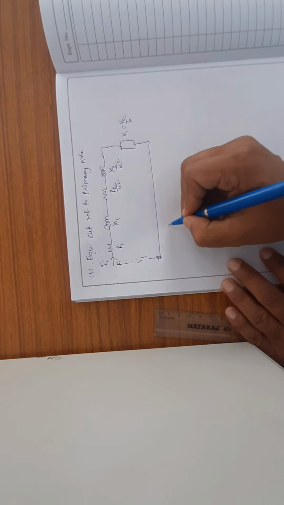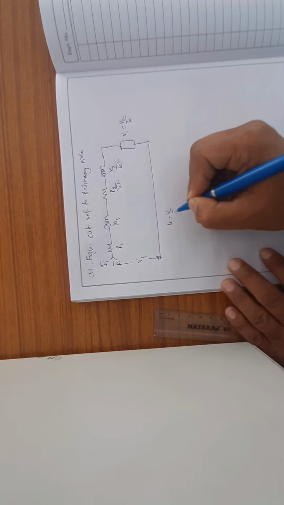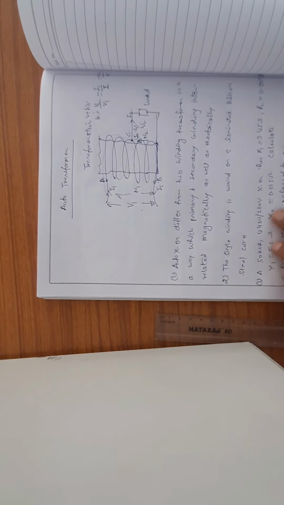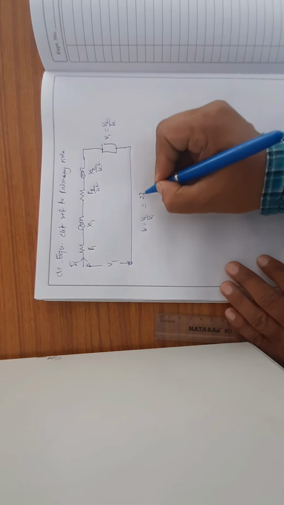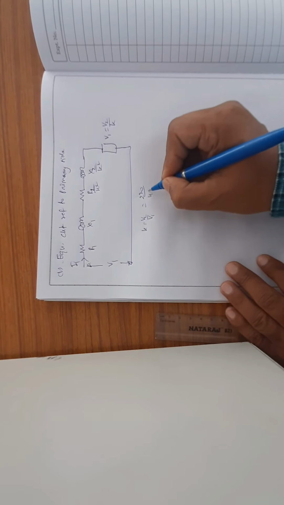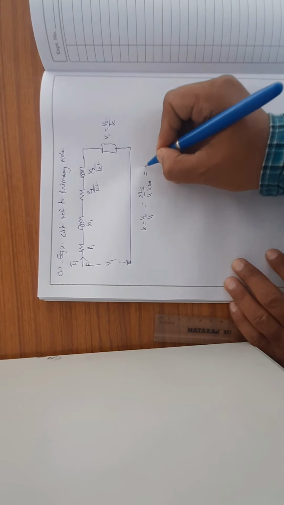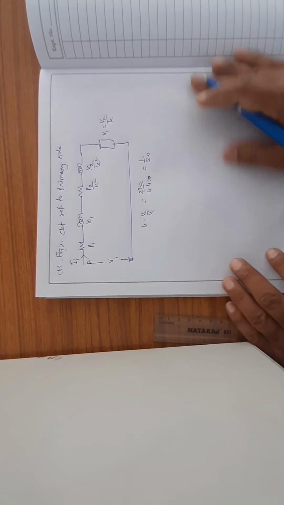So transformation ratio K equal to V2 upon V1 equal to 220 upon 440. This will be 1 by 2. Okay.